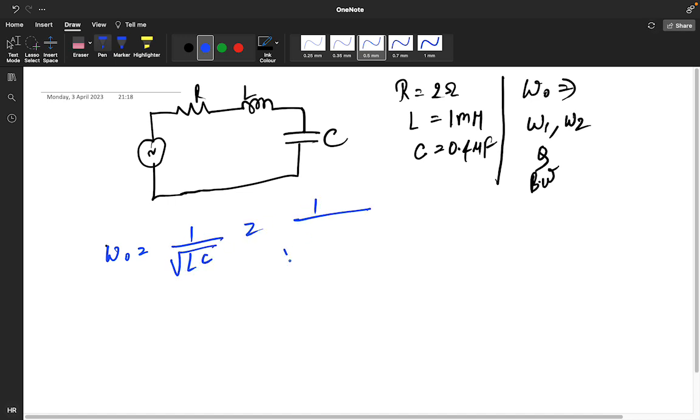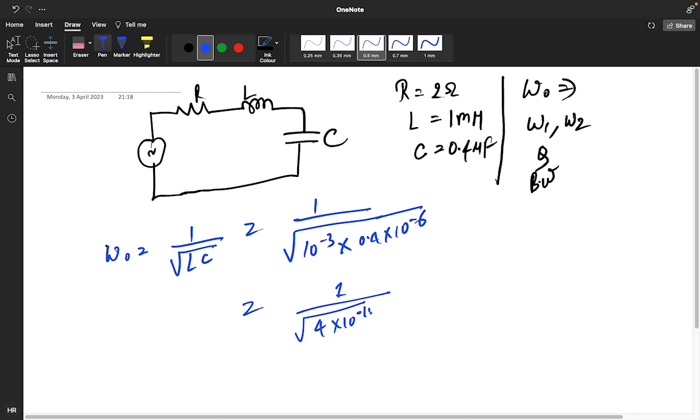So if you substitute, L is 10 to the power minus 3, and C is 0.4 into 10 to the power minus 6. So guys, how much will you get? 1 divided by root of 4 into 10 to the power minus 10, and we are getting 1 by 2 into 10 to the power minus 5.